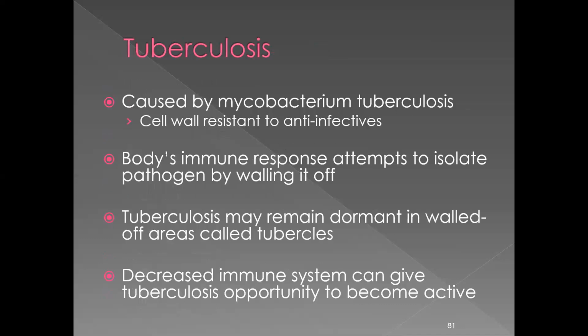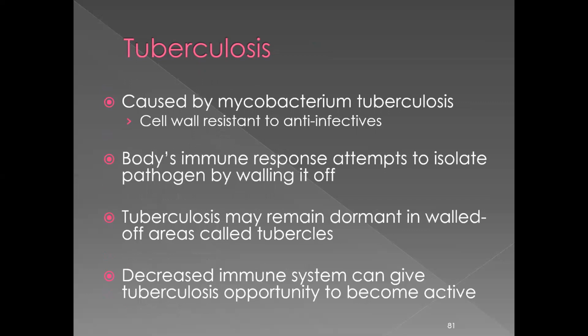All right, and finally, tuberculosis. Tuberculosis is caused by Mycobacterium tuberculosis. It's due to a cell wall resistant to an anti-infective. Basically, the body's immune system responds by trying to isolate the pathogen by walling it off.